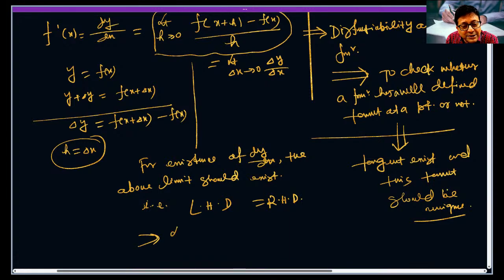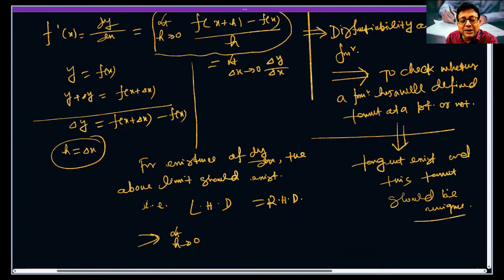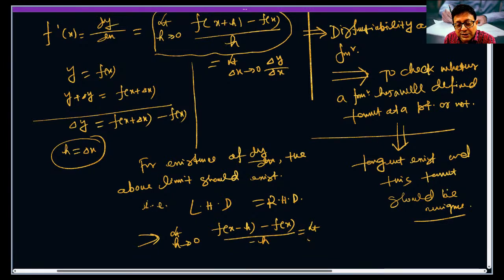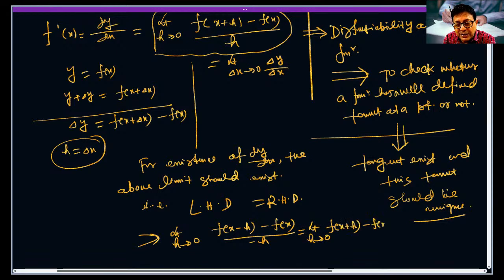So this implies limit h tending to 0 of f of x minus h minus f of x by minus h must equal limit h tending to 0 of f of x plus h minus f of x by h.